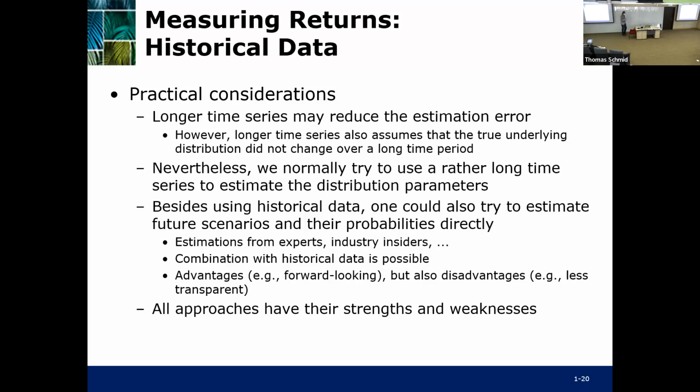So what people then sometimes do is they combine historical data with estimations from experts. For example, let's say you had a structural break like deregulation. Then you use historical data to estimate things, and then you ask the industry expert if he thinks that you should adjust the variance or the expected return because of recent developments in the industry. Yeah?